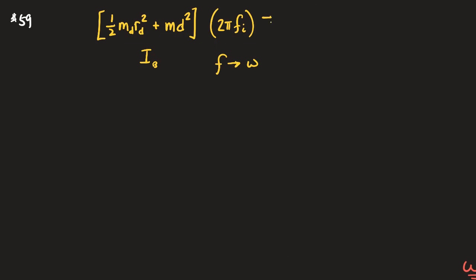Afterwards, the moment of inertia changes because the bug walked to the edge of the disk. The disk doesn't change, but where the bug is does. This is I after.